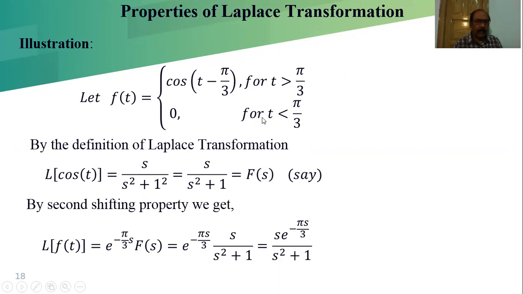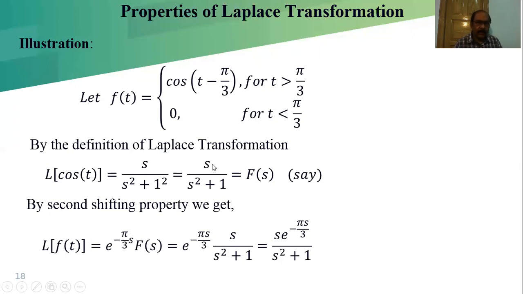Now by the second shifting property, what will we get? The Laplace transformation of f(t), this here is the f(t), equals e to the power minus a s, and what is a? Pi by 3. So e to the power minus pi by 3 s times F(s).